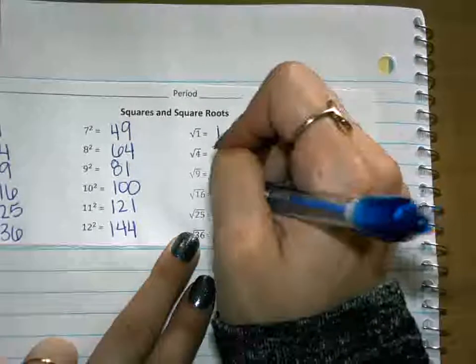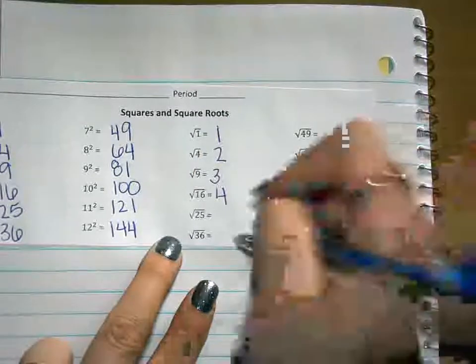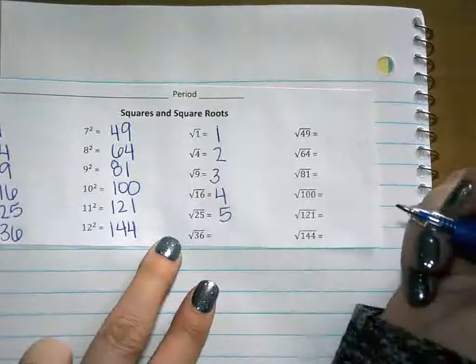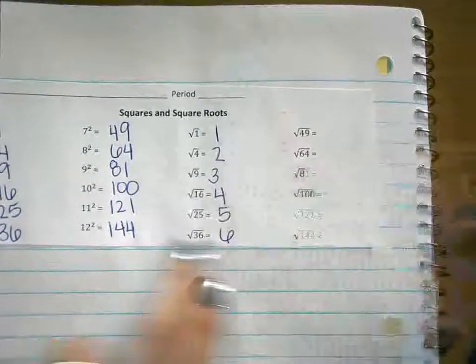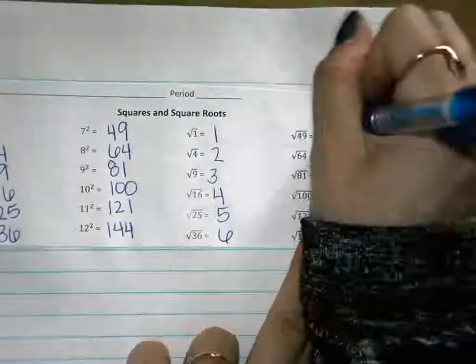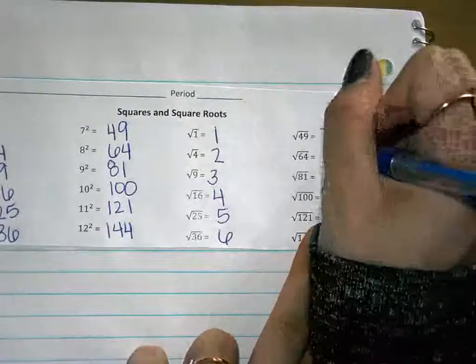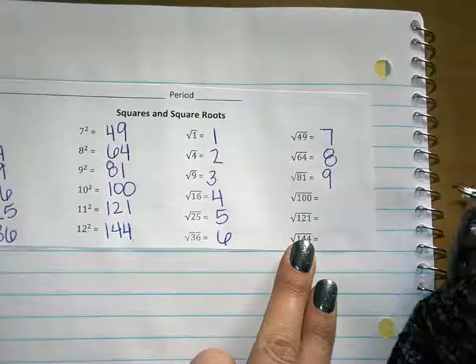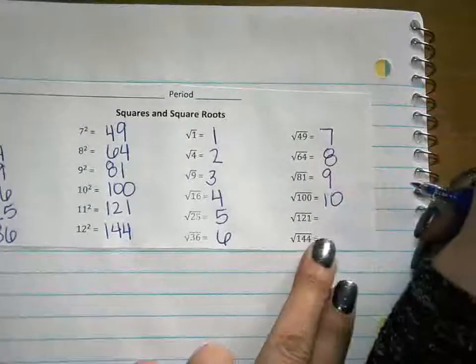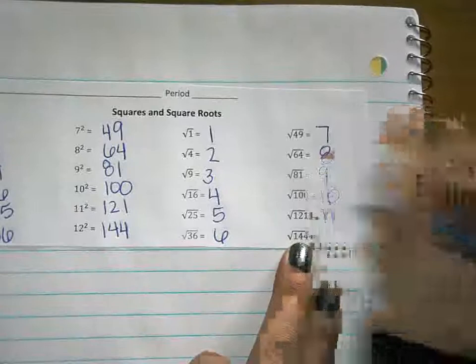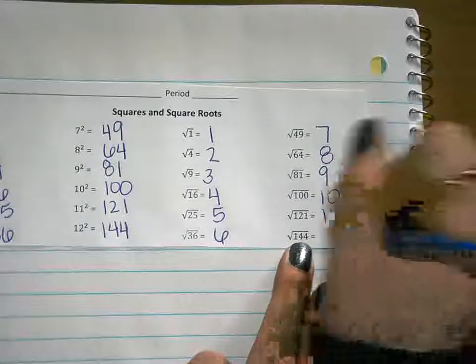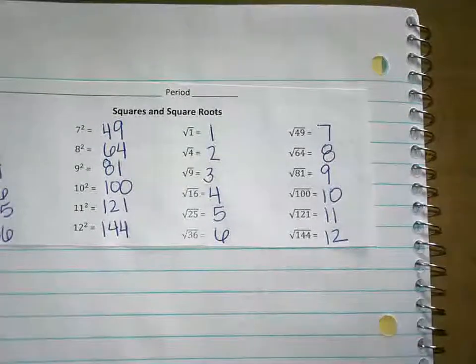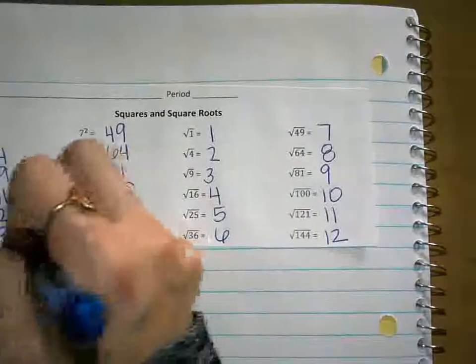Square root of 9? 3. Square root of 16? 4. Square root of 25? 5. Square root of 36? 6. Square root of 49? 7. Square root of 64? 8. Square root of 81? 9. Square root of 100? 10. Square root of 121? 11. And square root of 144? 12.